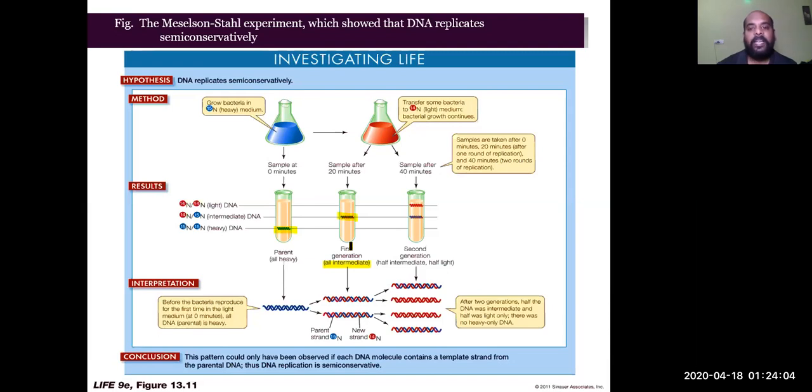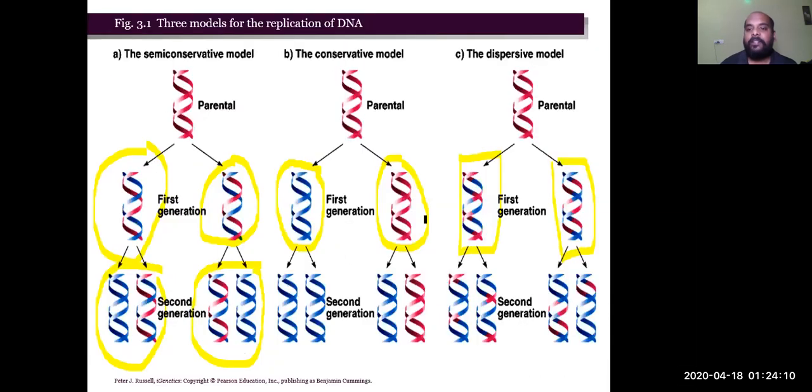In the dispersive model, we already said there would be equal composition of new DNA and old DNA, so even after the first generation they would give only one intermediate band between N14 and N15, like the semi-conservative mode of replication.